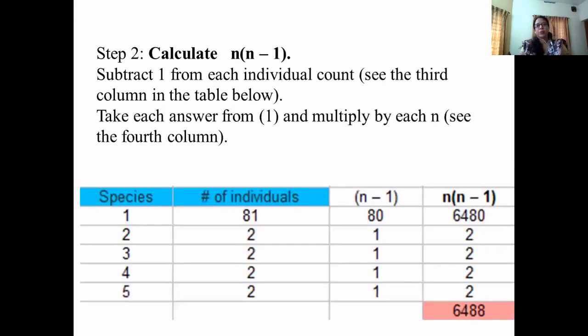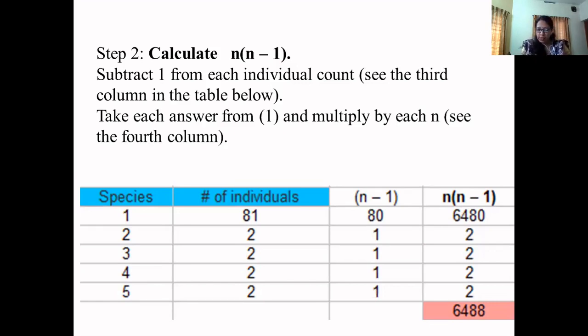Let's move to step 2. In step 2, we have to calculate small n into n minus 1 and sum it up. In the table shown here, you can see the value of n minus 1, and on the right hand side, you can see n into n minus 1. Let's have a look at species number 1.